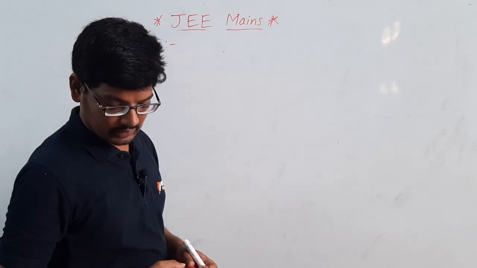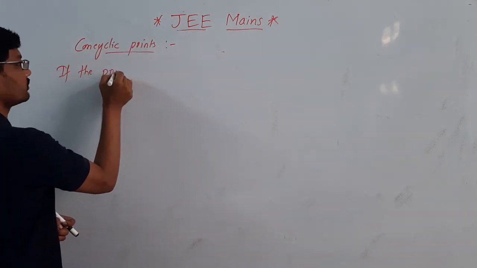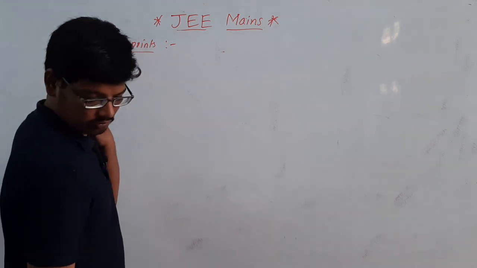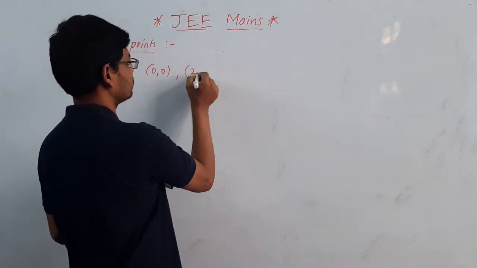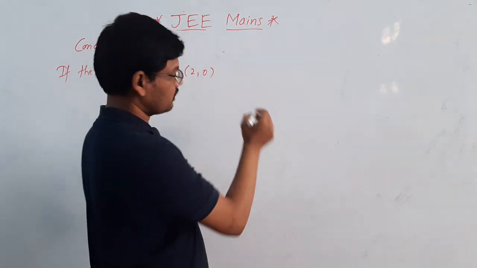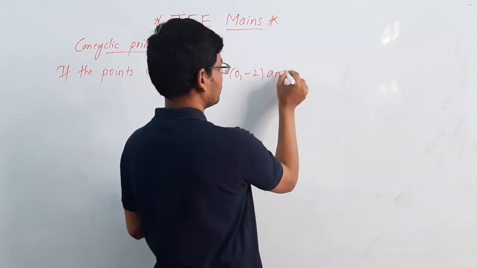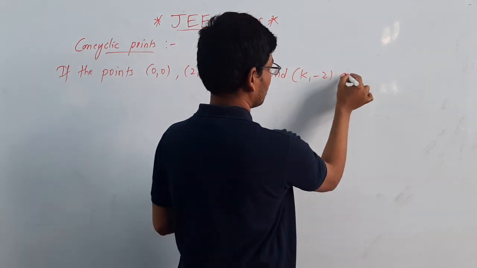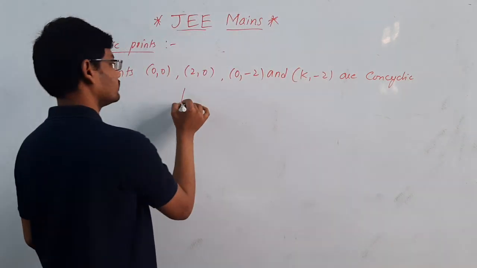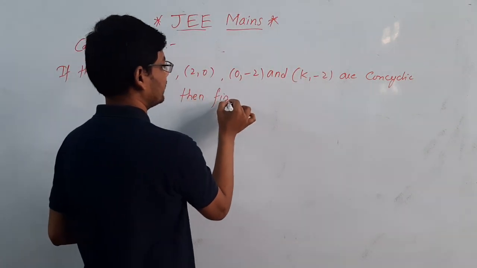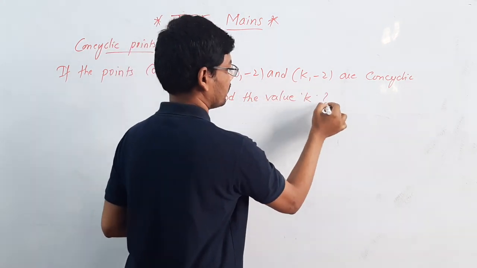The first question is, if the points 0 comma 0, 2 comma 0, and 0 comma minus 2, and k comma minus 2 are concyclic, then find the value of k.